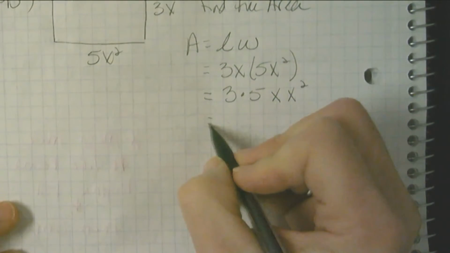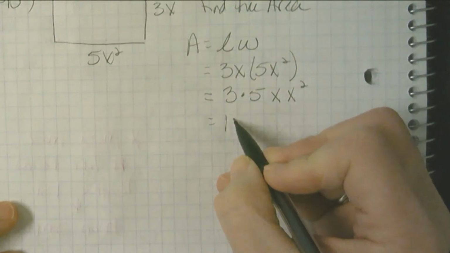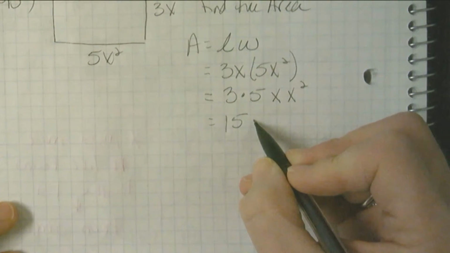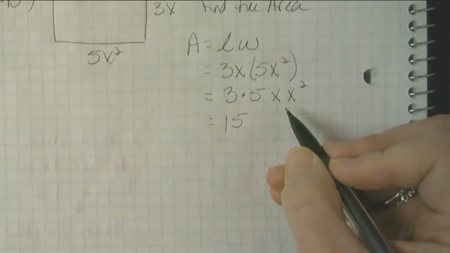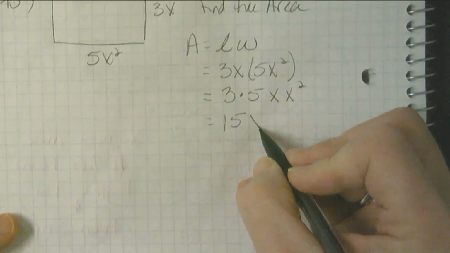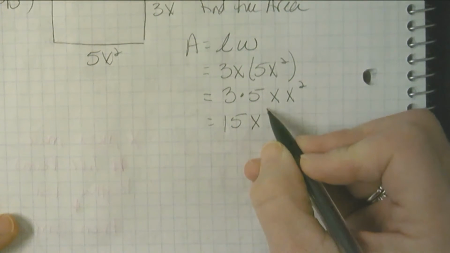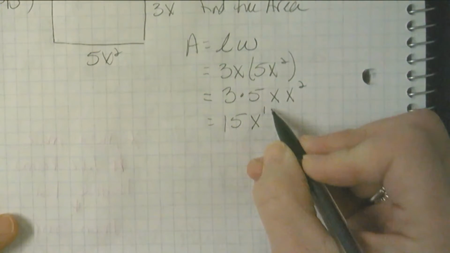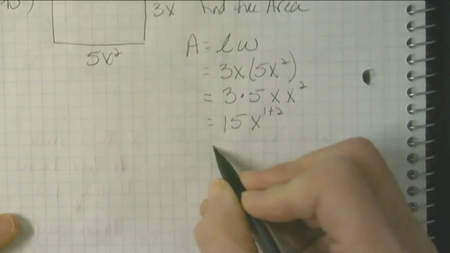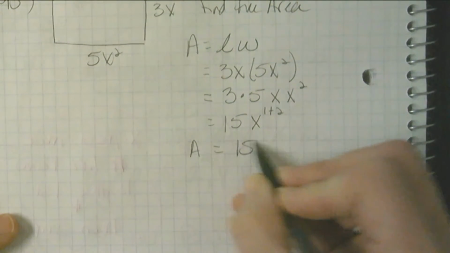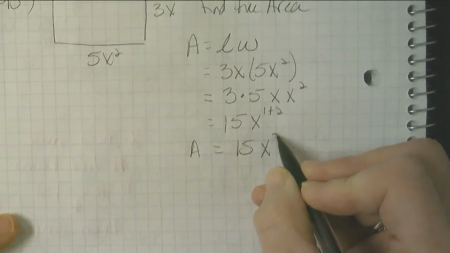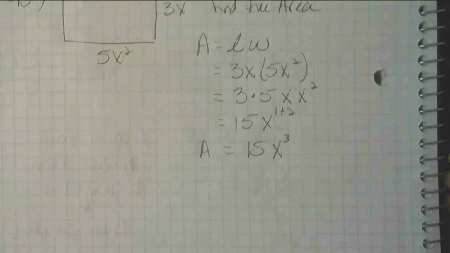All right. Now I multiply, so I have 3 times 5 is 15. Joseph, what do I do with my x times x squared? Excellent. And what's my final? Awesome. Nice job.